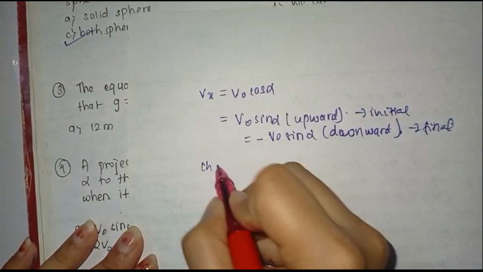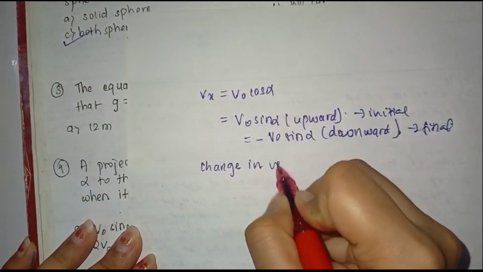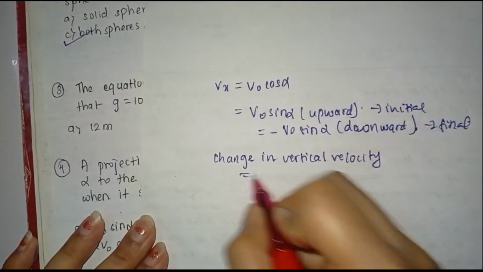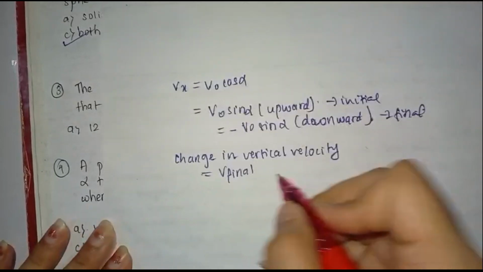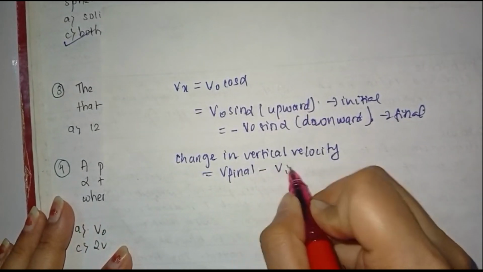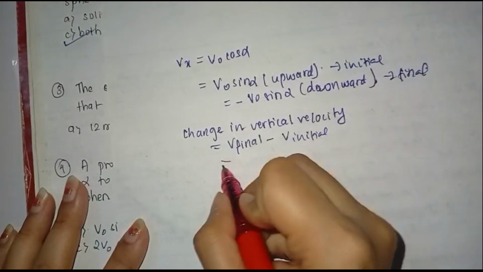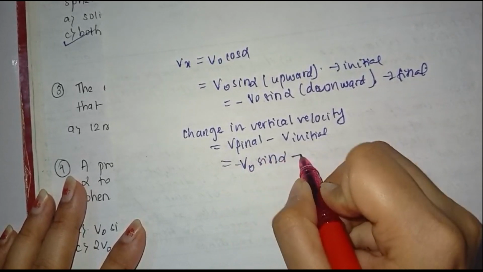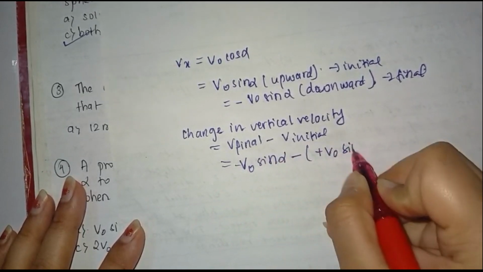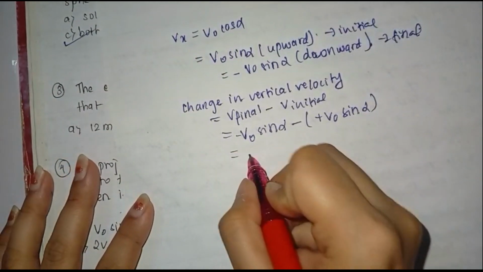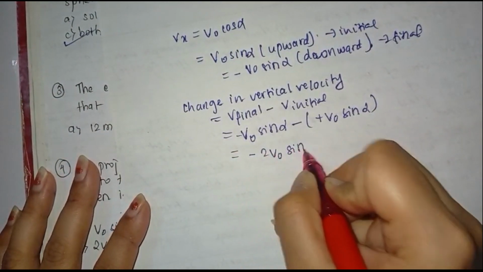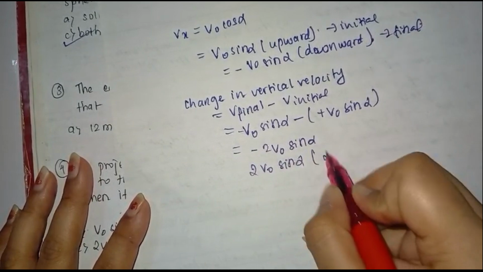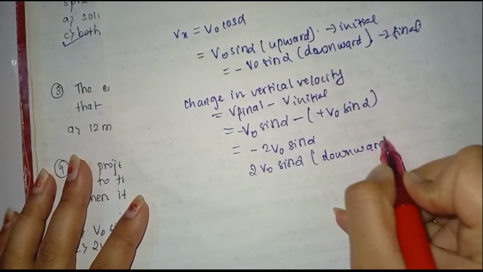Now change in vertical velocity is equal to v final minus v initial is equal to minus v0 sine alpha minus plus v0 sine alpha, that is minus 2 v0 sine alpha, which is 2 v0 sine alpha downwards.